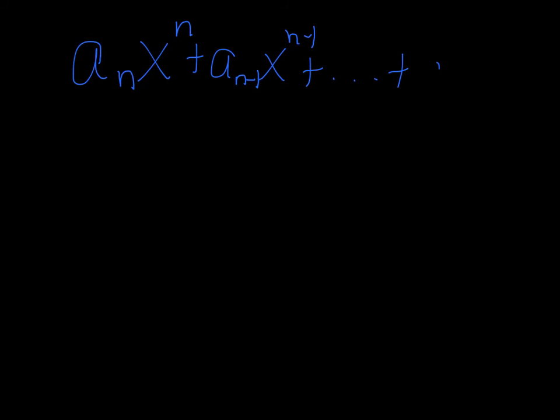So the general form for a polynomial, we write it like this: a sub n x to the n plus a sub n minus 1 x to the n minus 1 plus dot dot dot plus a1 x to the 1 plus a naught.